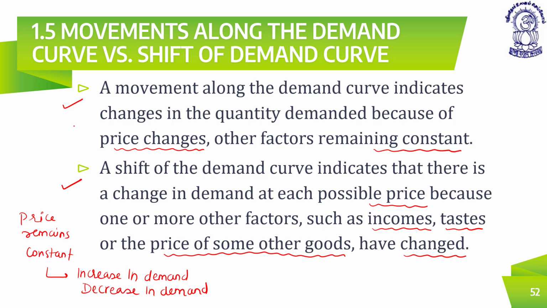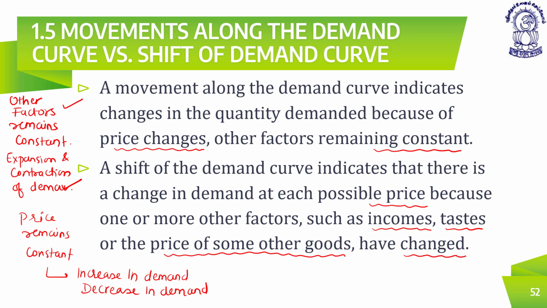And over here, other factors remain constant. We will write other factors remain constant. Expansion and contraction of demand. So this is a very simple topic. I believe you must have understood it.